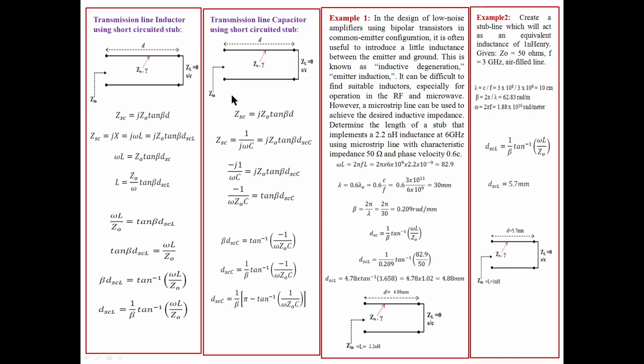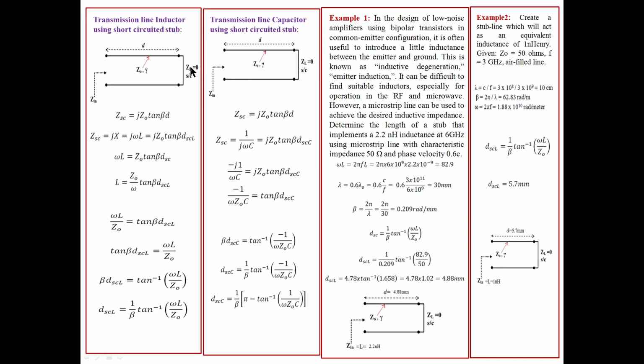Okay, input capacitor. So we will see now, instead of using this equation or this equation, how to implement an inductor and capacitor using a shorted stub. Today we are studying about the shorted stub. See, this is a shorted stub. It is called a shorted stub because ZL value is 0.